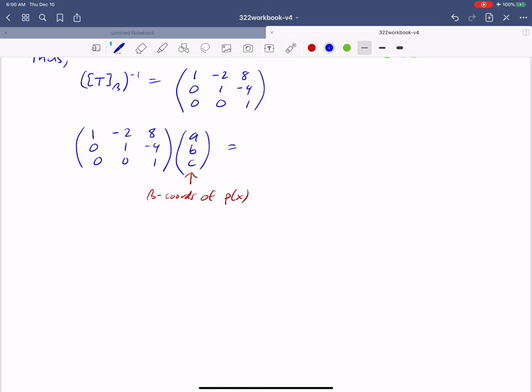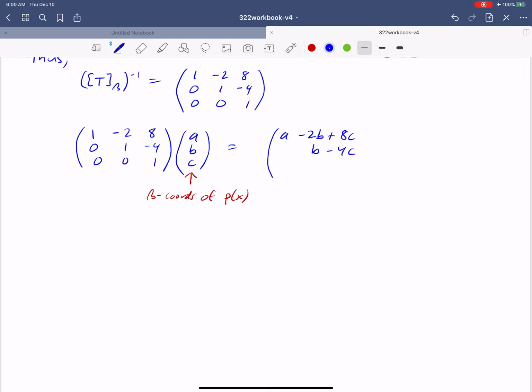Now we can do that matrix calculation. If we just do ordinary matrix multiplication here, we're going to get A minus 2B plus 8C, B minus 4C. Let me try to write that a little bit more neatly for you here.